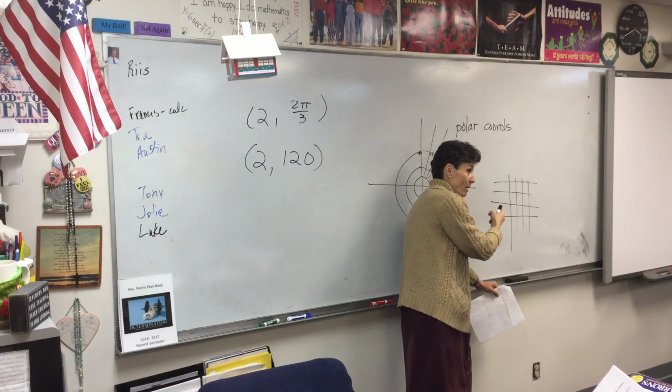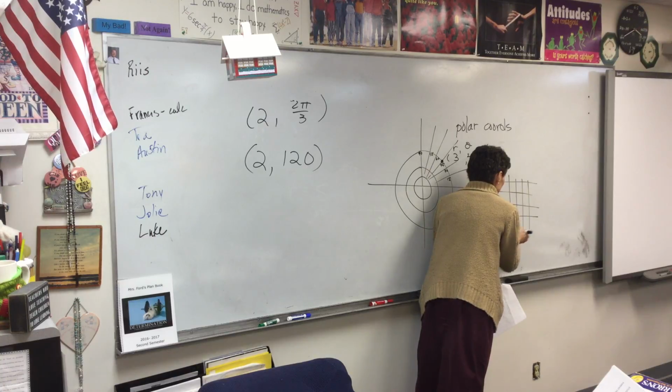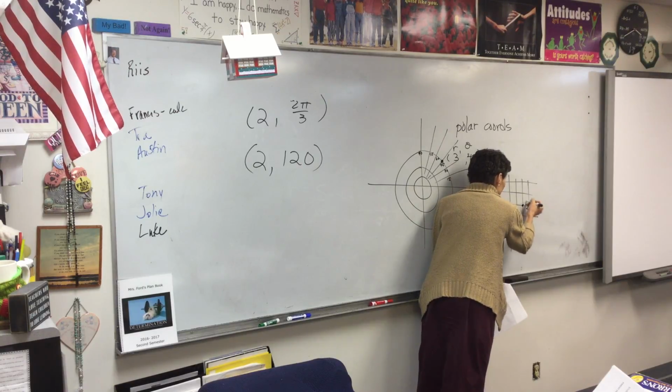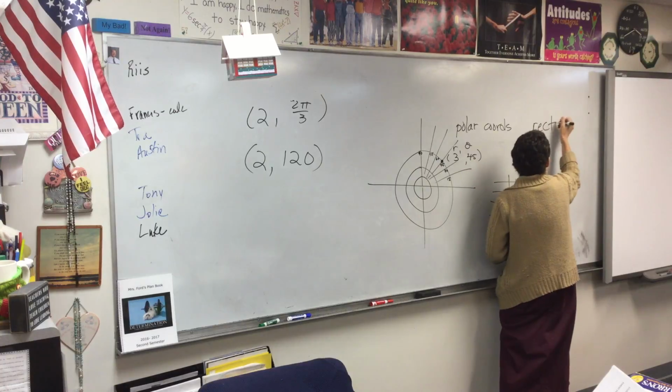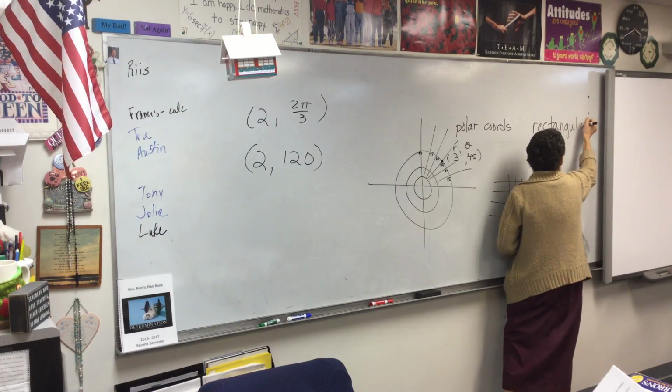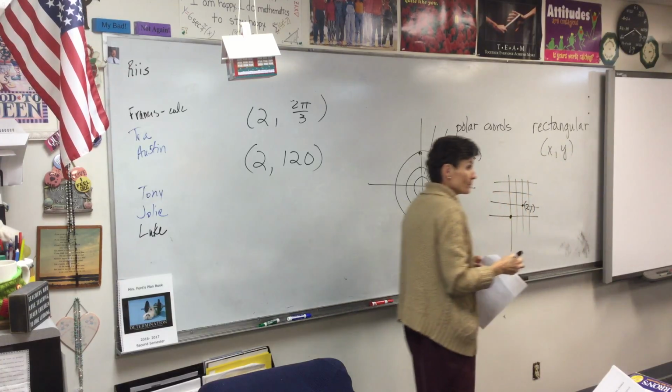Isn't it just a bunch of boxes? That's called rectangular. If this is the origin, I count over 2 and up 1. That would be the point 2 comma 1. Those are what we call rectangular coordinates, and they are simply x comma y.